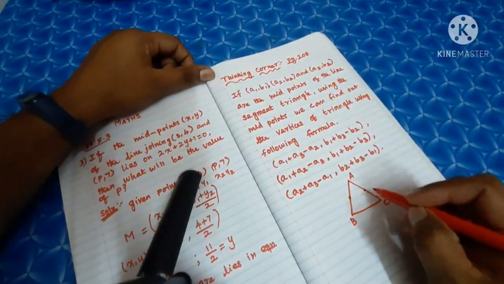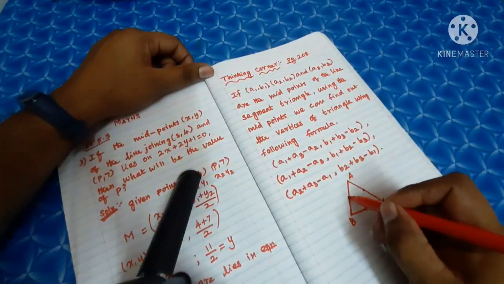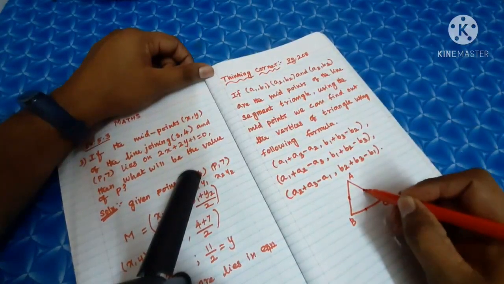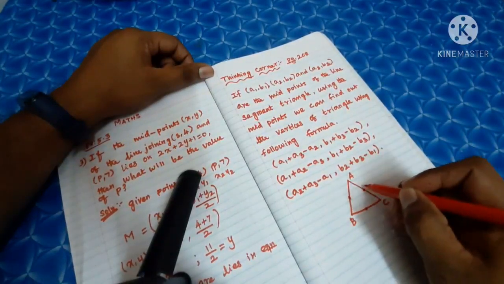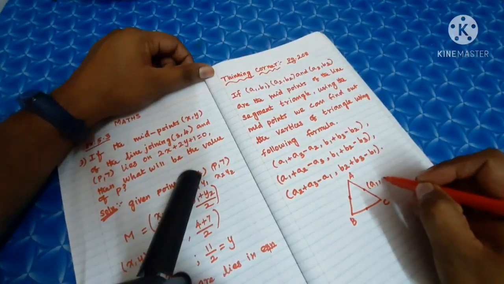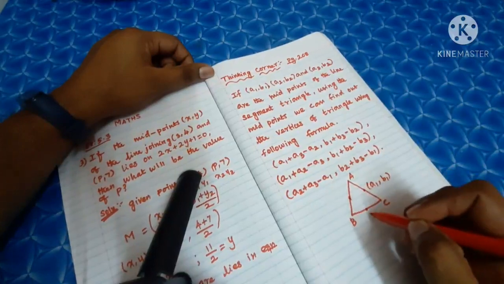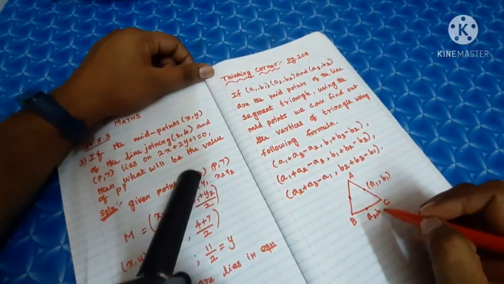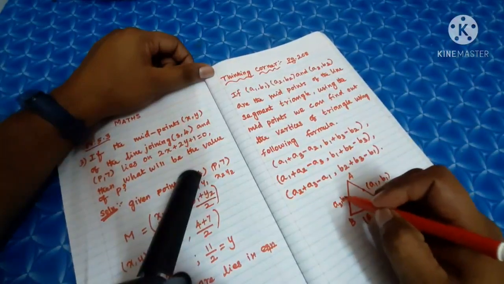Triangle ABC has midpoints: this is midpoint 1, this is midpoint 2, this is midpoint 3. For the first midpoint a1 comma b1, this is a2 comma b2, and this is a3 comma b3.